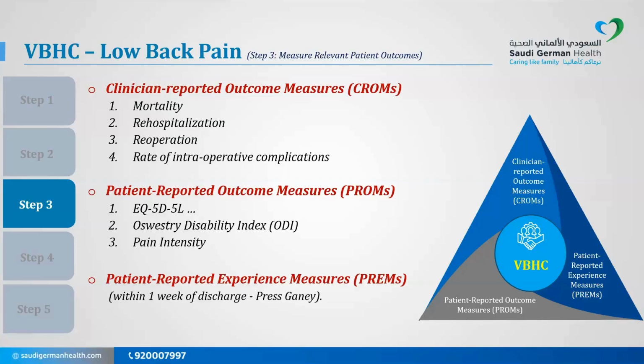So we concentrate on clinician-reported outcome measures, which involve mortality, rehospitalization, reoperation, and rate of intraoperative complications. Then we go to the patient-reported outcome measures, where we are using the EQ-5D-5L form, the Oswestry Disability Index form, and pain intensity. And finally, we went to the PREM, or patient-reported experience measure, where we are using the Press Ganey survey.